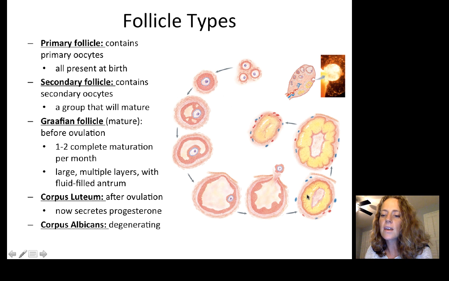The corpus luteum actively secretes progesterone, and if no fertilization occurs, then the corpus luteum will degenerate into something called the corpus albicans. Luteum is a yellow body, albicans is a white body. So the corpus luteum is nice and yellow and secreting progesterone. The corpus albicans is a degenerating corpus luteum.